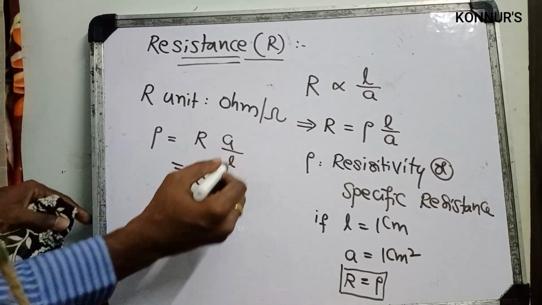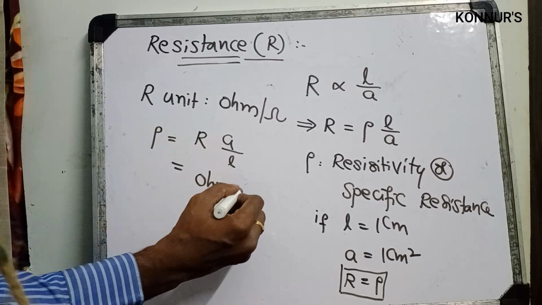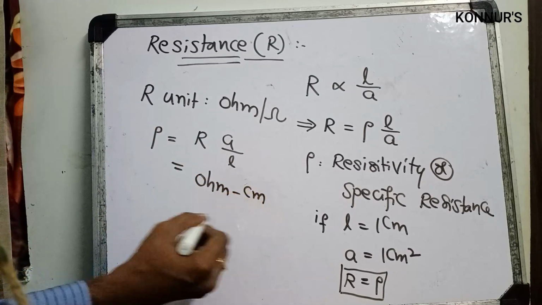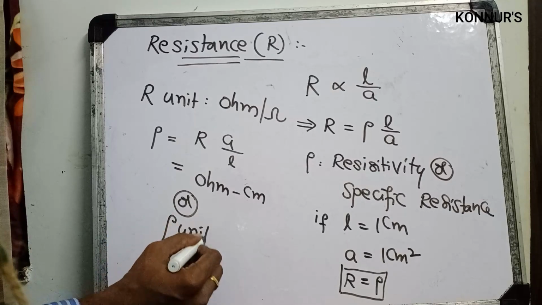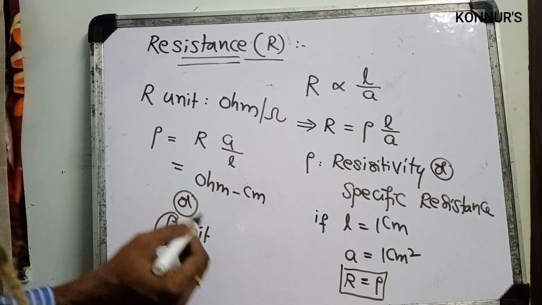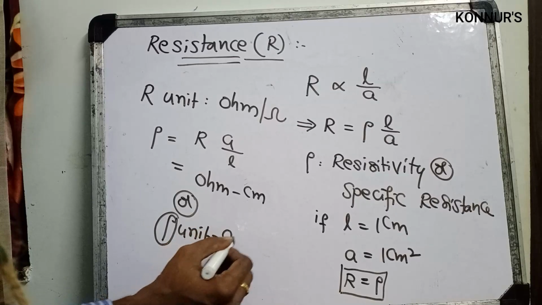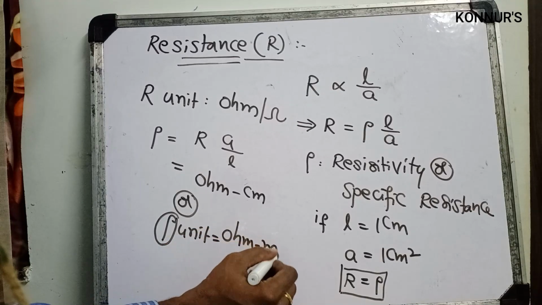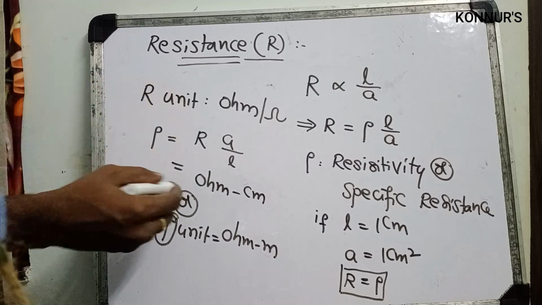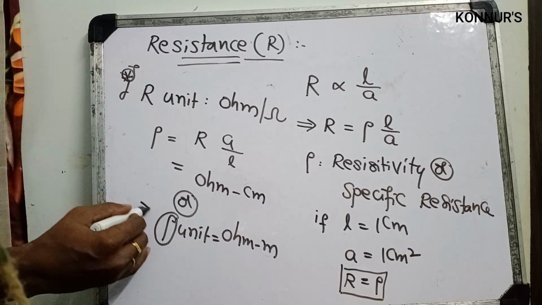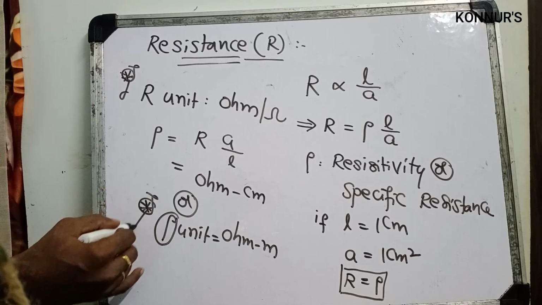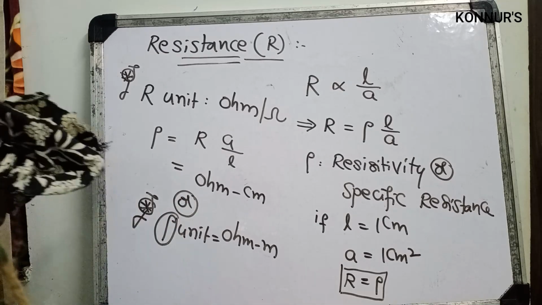Ohm into centimeter square by centimeter, so ohm centimeter, otherwise rho unit is ohm meter also. So the R unit and the rho unit are both important from the entrance exam point of view.